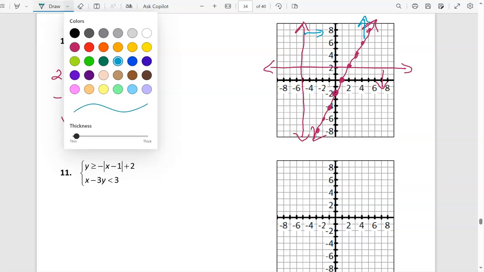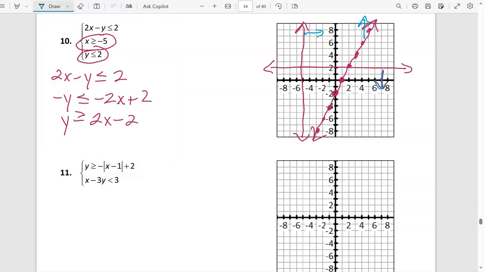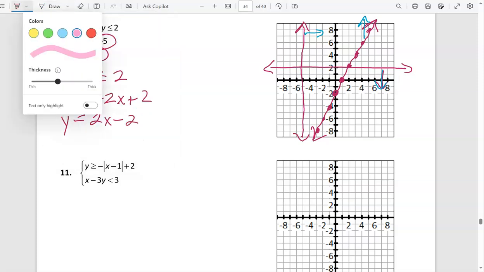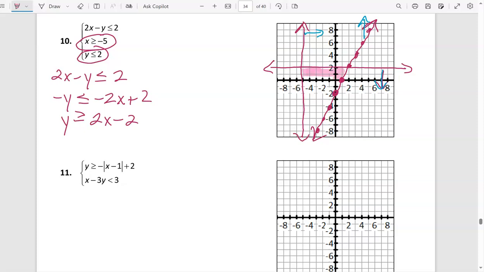So we're going to shade above the first line, below the horizontal line, to the right of the vertical line. So that shading will be this area right here. That's above the oblique line, below the horizontal, and to the right of the vertical line.